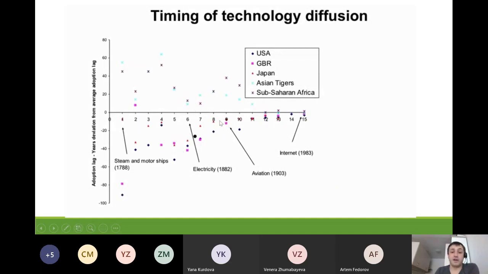For aviation, which came again a little bit later, the difference is still substantial. And then, for various inventions, you get to the internet, and it took only about 5 years, when it was introduced in the United States, before it was introduced absolutely everywhere, in all regions of the world. And the shape of this curve, how they are getting closer, basically shows you how technology spreads around the world much faster than it did before.